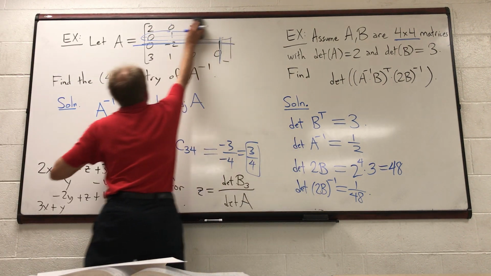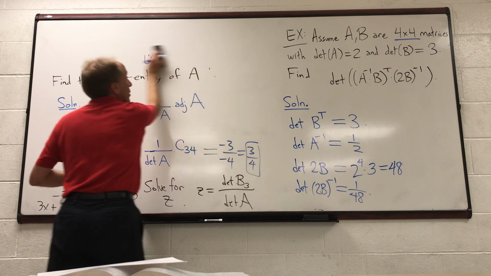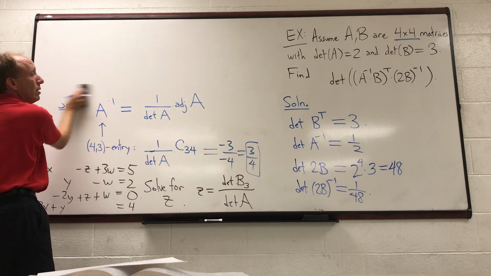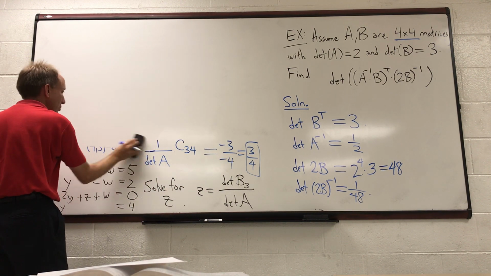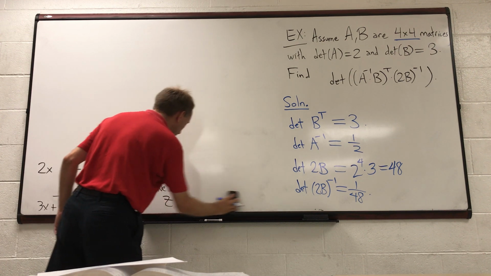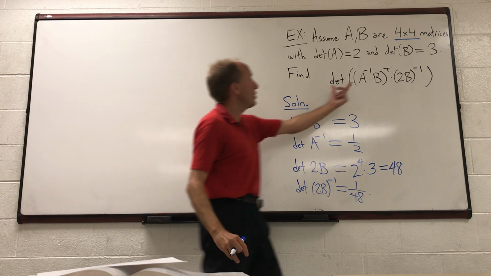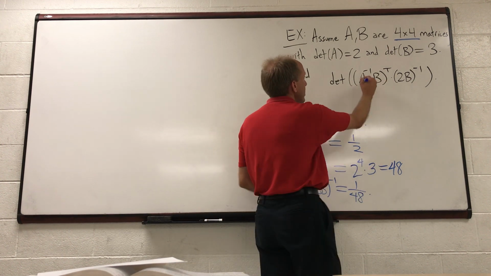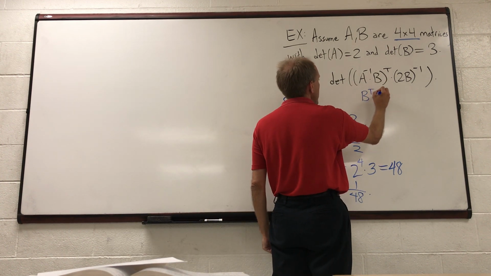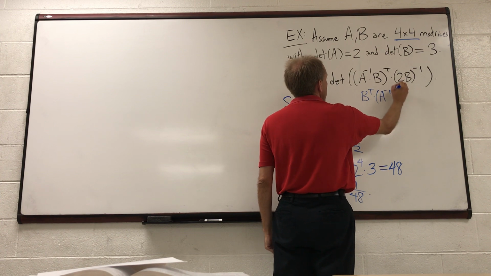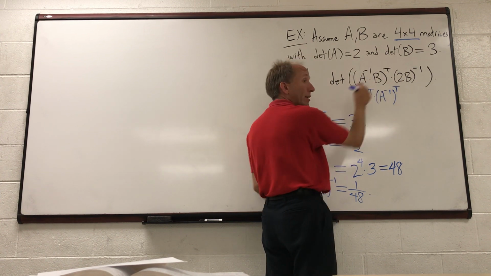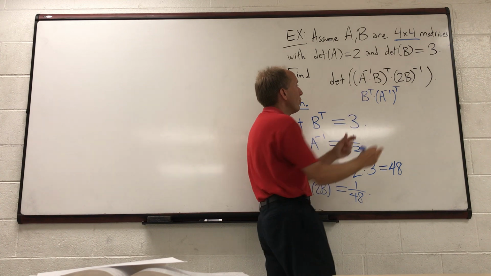Don't we need to know what the A inverse transpose is? Well, it depends on how you're breaking this down. Are you trying to actually simplify this here? As you probably remember from chapter 2, when you have a transpose of a product, you reverse the order of the transposes.